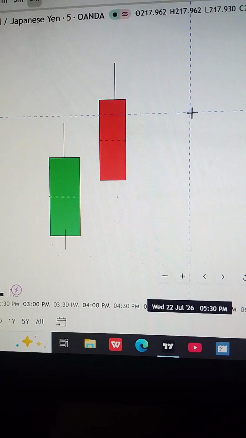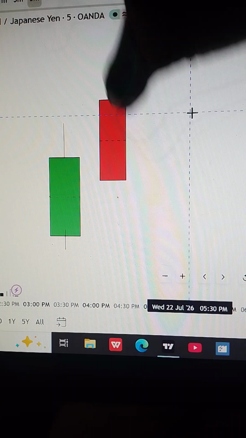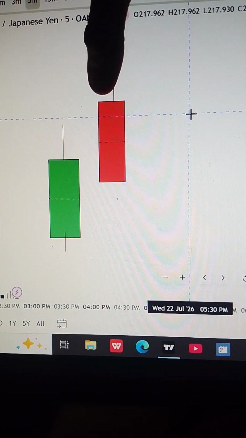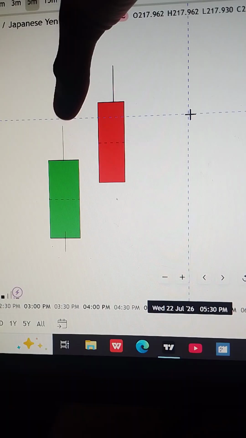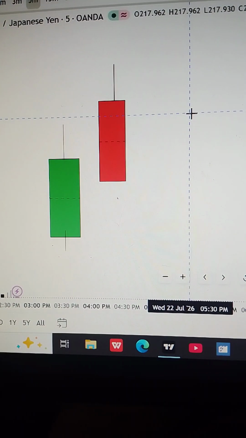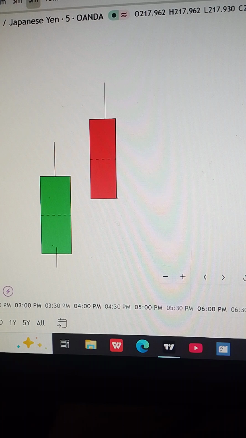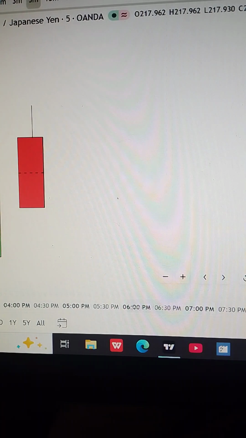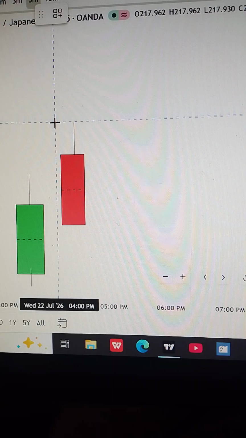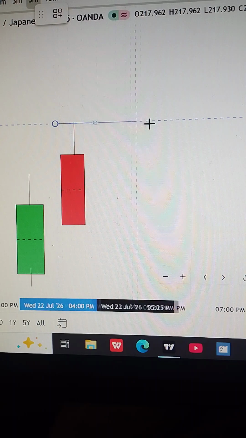So a resistance is when a green candlestick is followed by a red candlestick, green followed by red. When marking your support or resistance, we mark the highest wick.